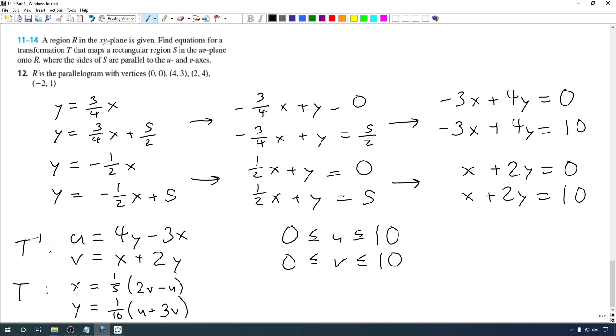And the fact that it even has an inverse can be helpful. Knowing both directions of this transformation can help you do various things with it. So if we want to integrate something over R, we could do it over S instead using u and v, or even vice versa if we really wanted to.